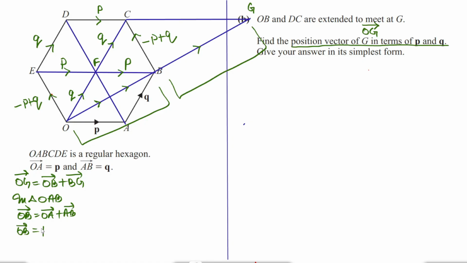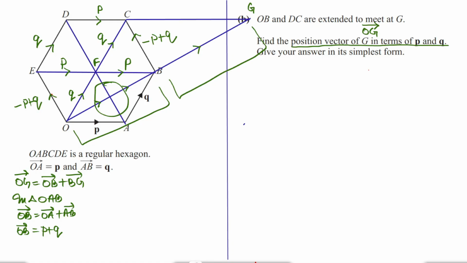The OB vector is P plus Q. So full OB is P plus Q because AF and OB are the diagonals. See carefully, AF and OB are the diagonals of this parallelogram OABF. So this is a parallelogram. Diagonals of a parallelogram bisect each other.